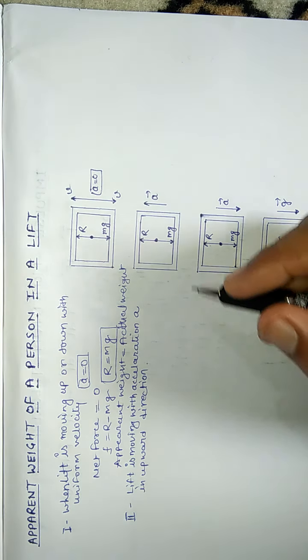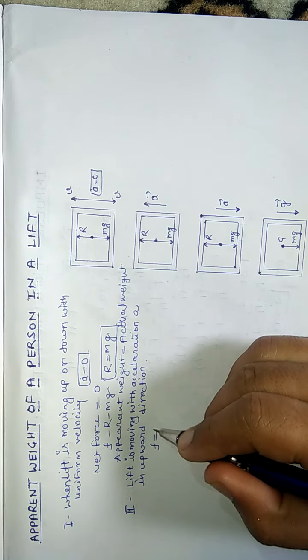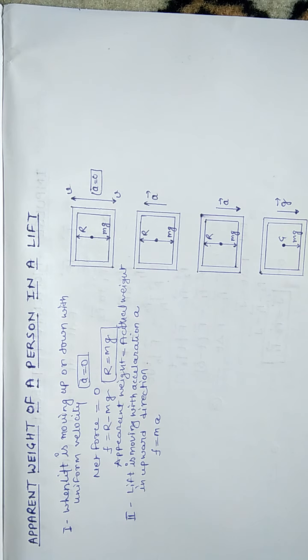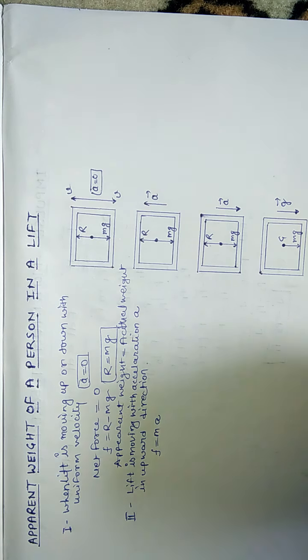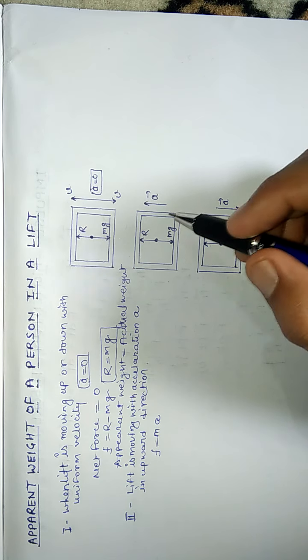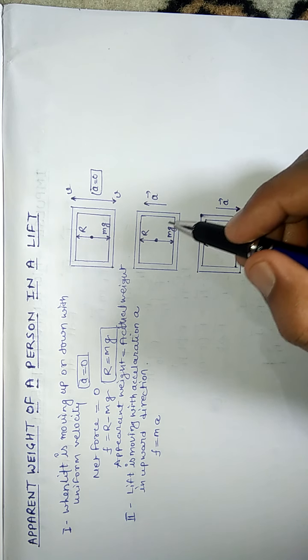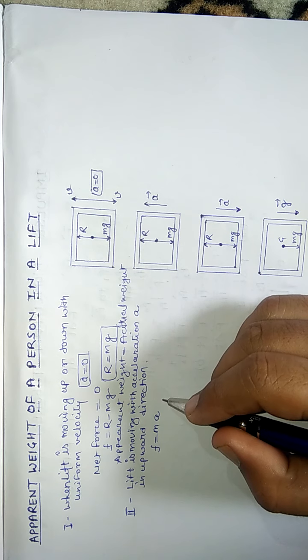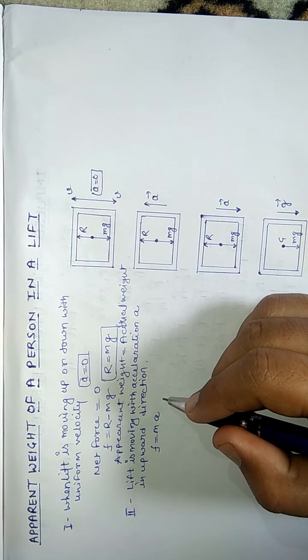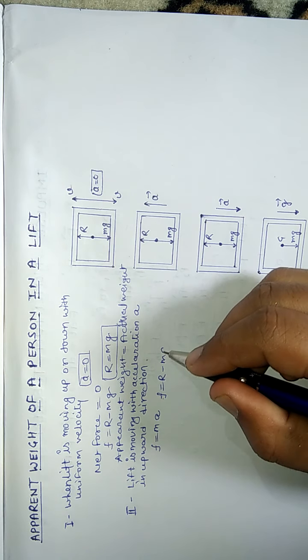Then in this situation the net force on the man, F, will be equal to ma, and from the free body diagram we know that the force is acting in upward direction. So F is equal to R minus mg.